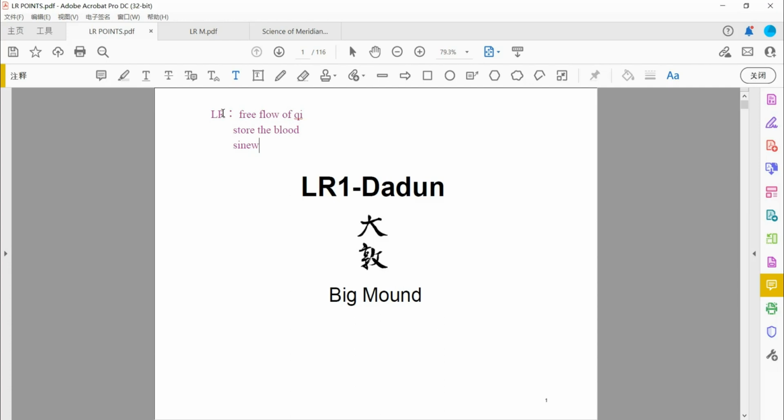Anything else? Sinews manifest on the nails. So the main functions will be these three.